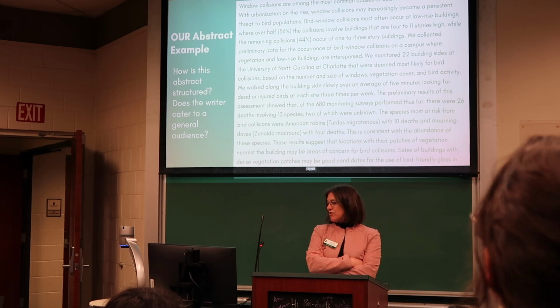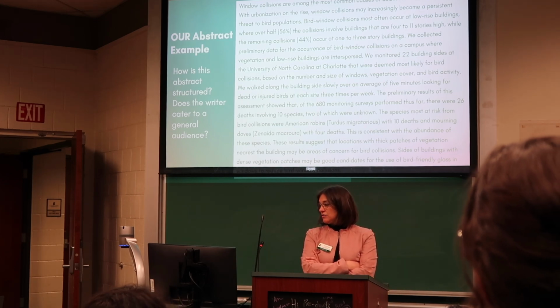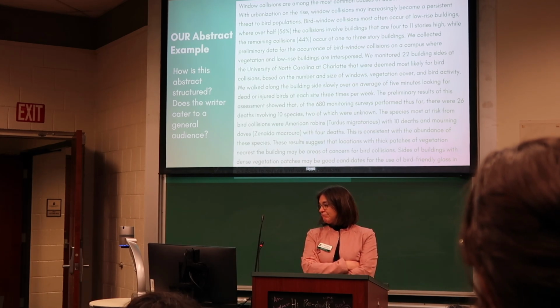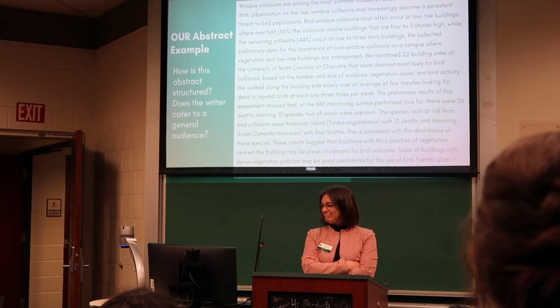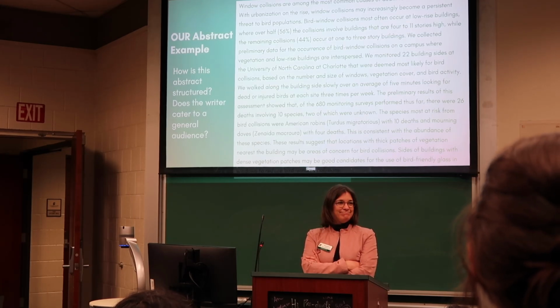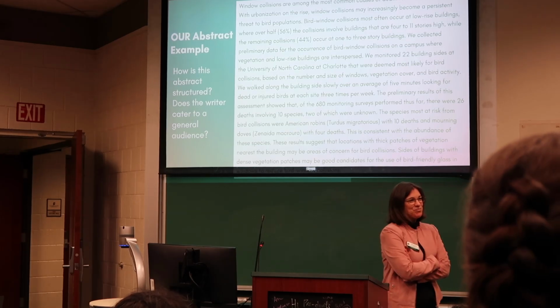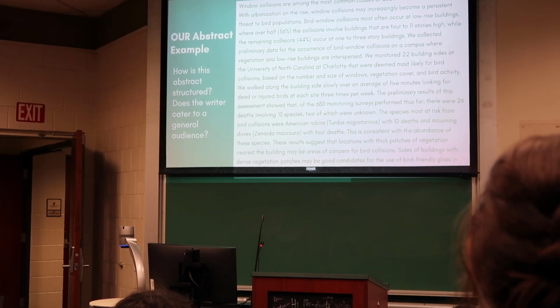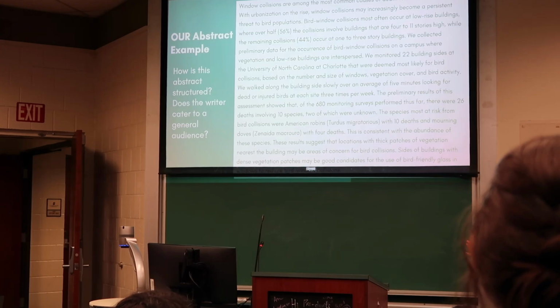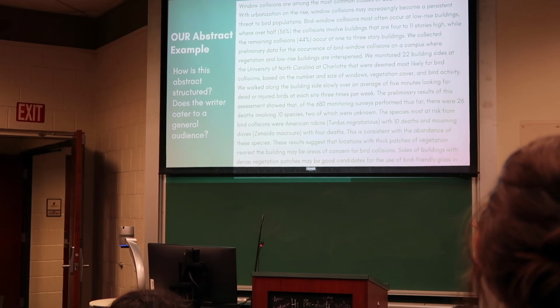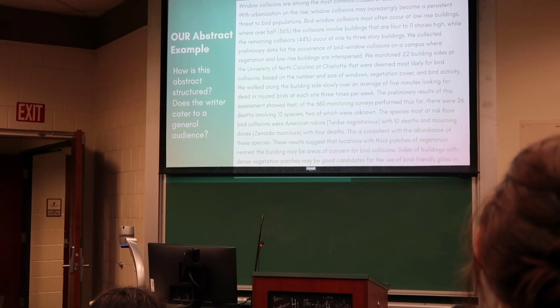So what do y'all think this does well? Yes. So you mentioned there's no numbers. In this one there is numbers, but the nice thing about these numbers is that they're really easy to understand. These are simple numbers, and I like that they put over half, or 56%.